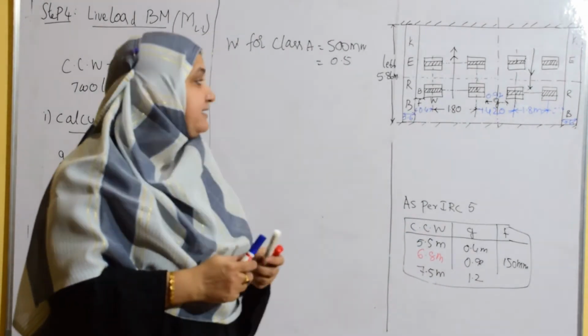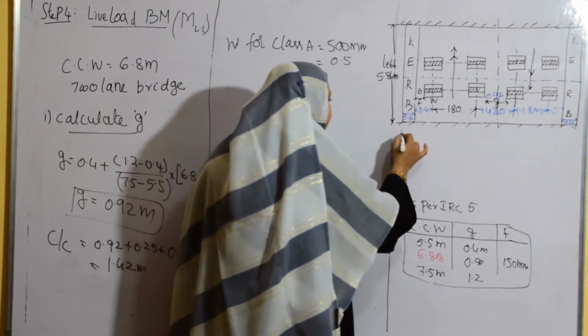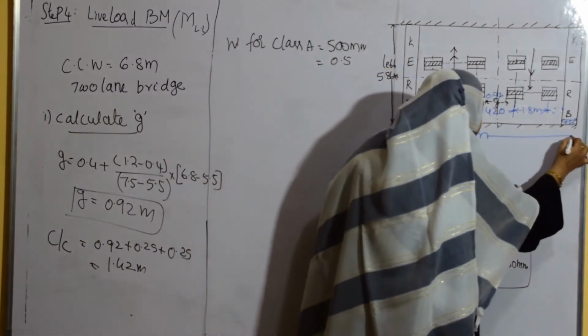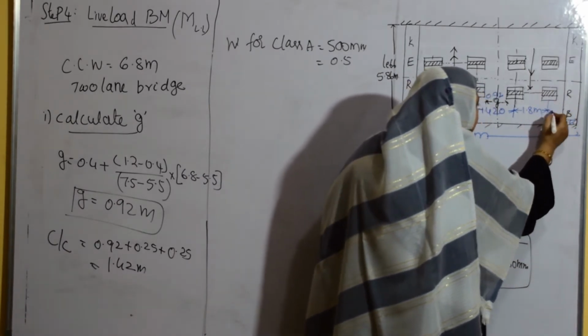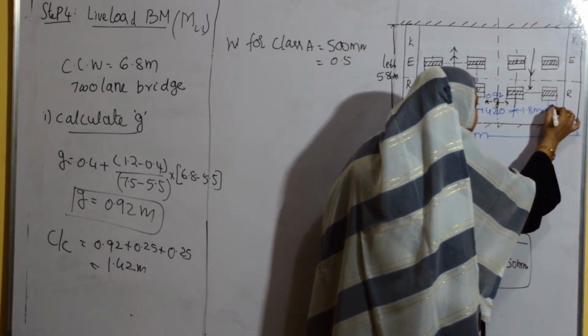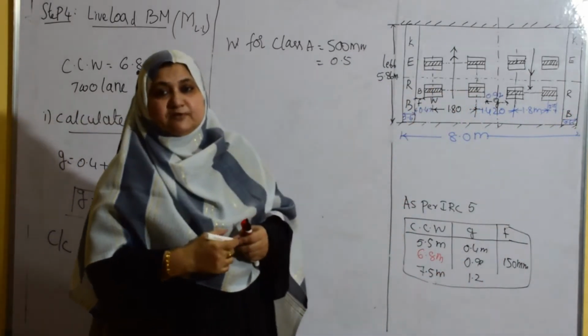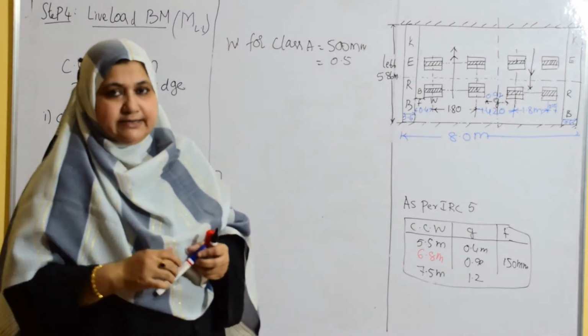This you have to understand very well. The total carriageway width is 8 meters, but this will not be completely 8 meters, so I have removed this 0.4. This 0.25 is fixed, and whatever is remaining will be taken as the clearance on the right side or this side, any side you can take.